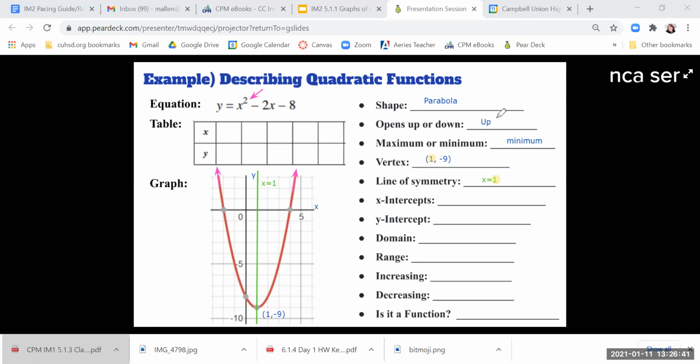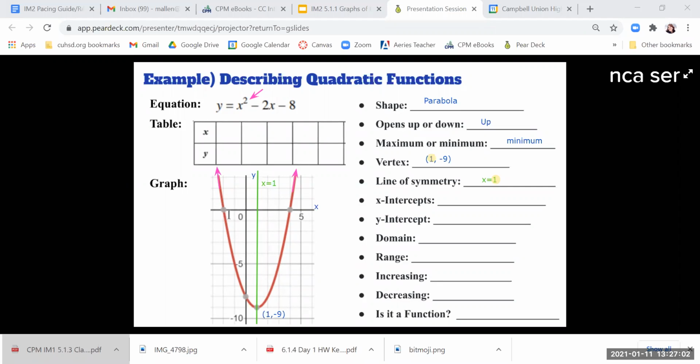Okay, so we've got our line of symmetry. Now, let's get our intercepts. You can see how it crosses the x-axis here at 2 points. Each of those points is an x-intercept where it crosses the x-axis.